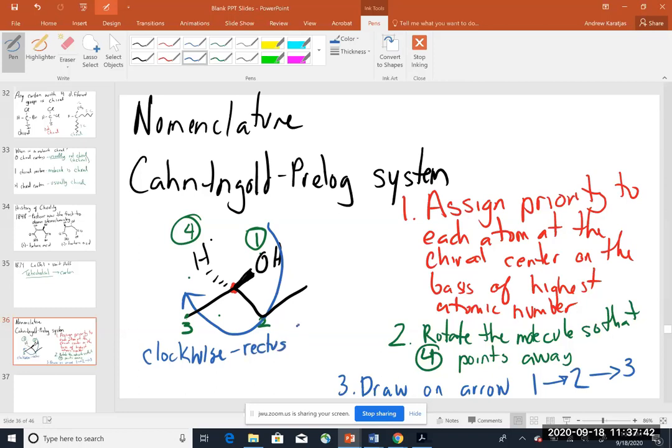And so this chiral center will be defined as R because the arrow is going to the right or clockwise. Now, if the arrow was going to the left or counterclockwise, we would use the Latin word for left, which is sinister, or we would call it S.